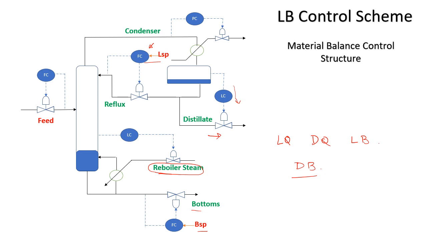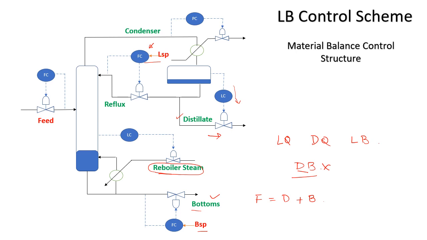DB means on the top you are controlling from the distillate and at the bottom you are controlling from the bottom. Now this situation is very rare, and DB control is a strict no-no, because if you see, the feed is actually getting diverted into distillate and bottom, right?